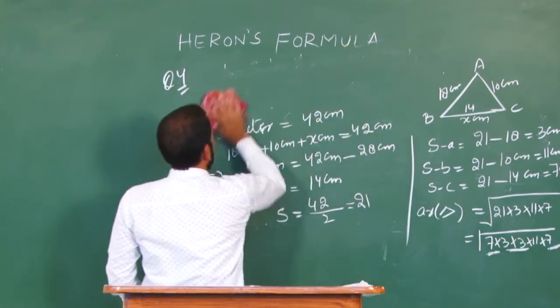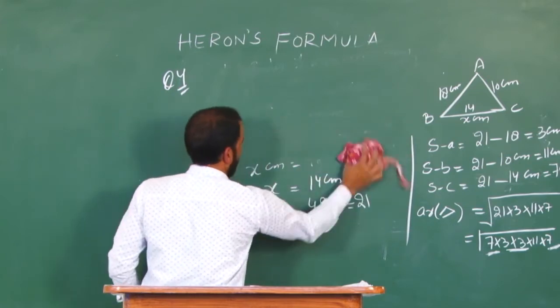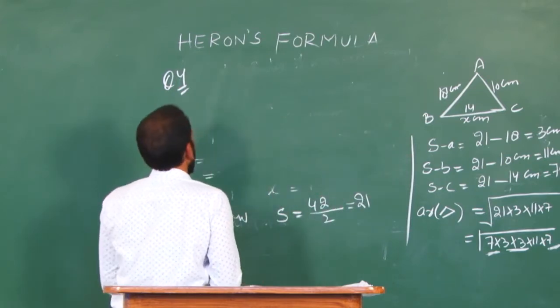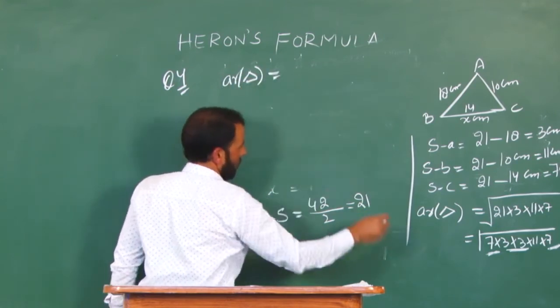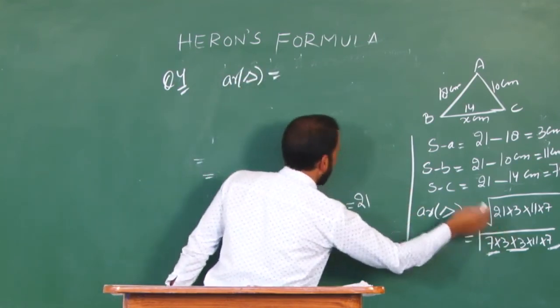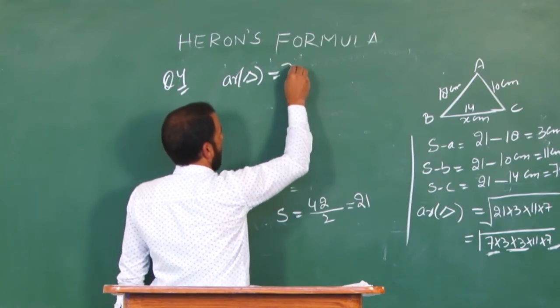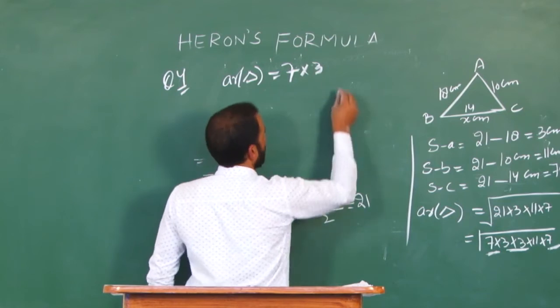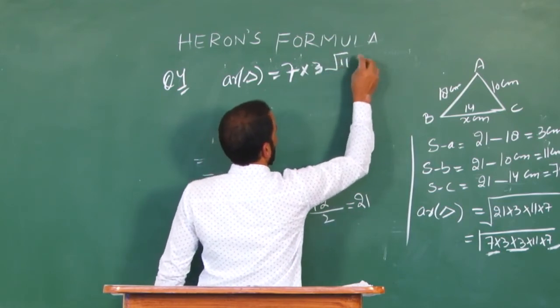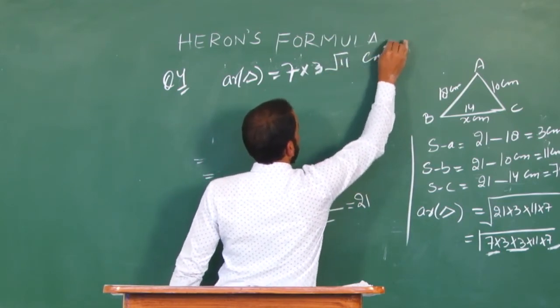The area of the triangle is equal to 7 into 3 into square root of 11 square centimeter.